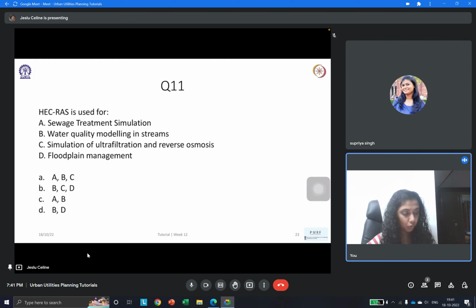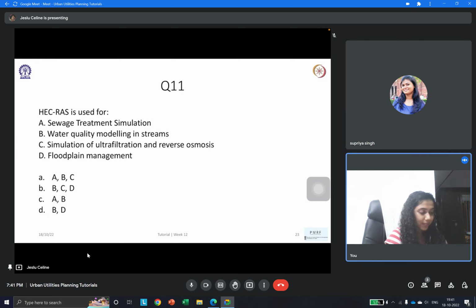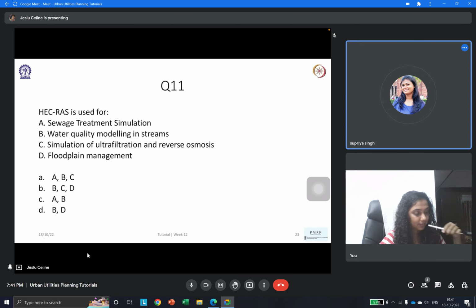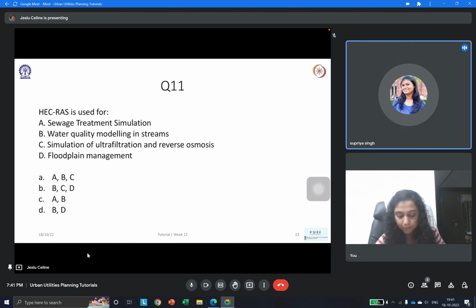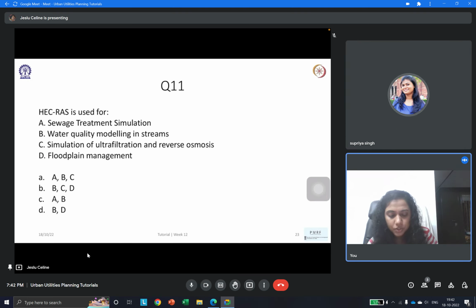HEC-RAS is mainly used for... now we are getting into very fine details of all these softwares. One thing is we have learned all these softwares for flood management, that is, how to see whether flood is going to happen or not. Floodplain management will definitely be there because that's the context.